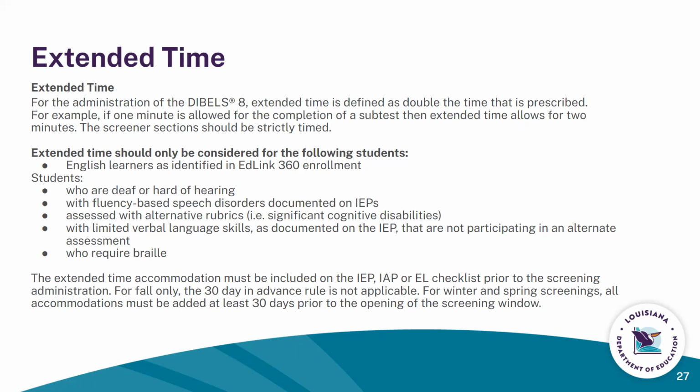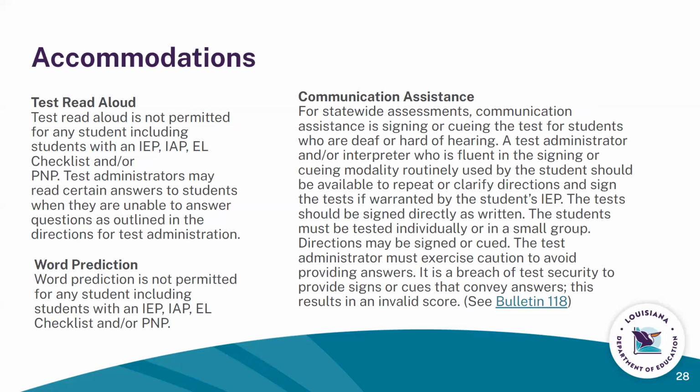The extended time accommodation must be included on the IEP, IAP, or L checklist prior to screening administration. For fall, the 30-day advance rule was not applicable, but for winter, so this December screening, and for the spring screenings in April, all accommodations must be added at least 30 days prior to the opening of the screening window.